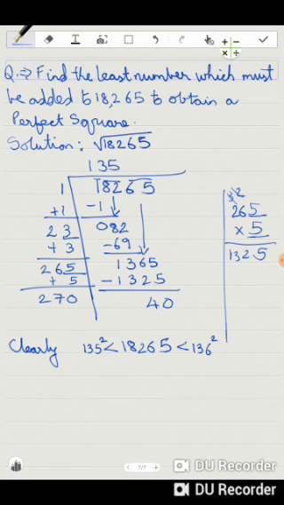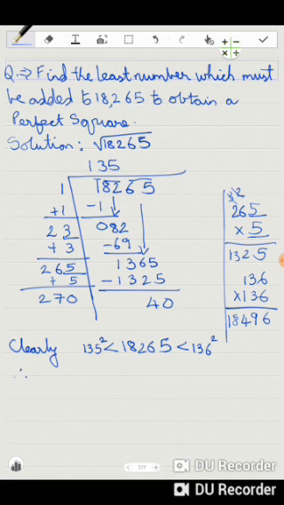That means, since I need to find the least number which must be added, I will find out what I will add to 18,265 so that it becomes the square of 136. So I will find out what is 136 into 136. And that would be 18,496. Correct?